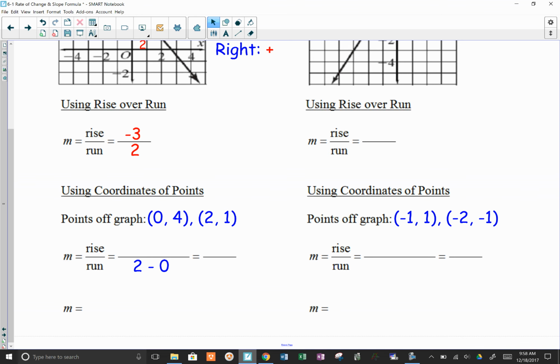Doesn't want to cooperate. Okay, here we go. We have the values plugged in. Now if we simplify 1 minus 4, we get negative 3. If we simplify 2 minus 0, we have 2. So again, we have negative 3 halves as our slope, same as we got using rise over run looking at the graph.